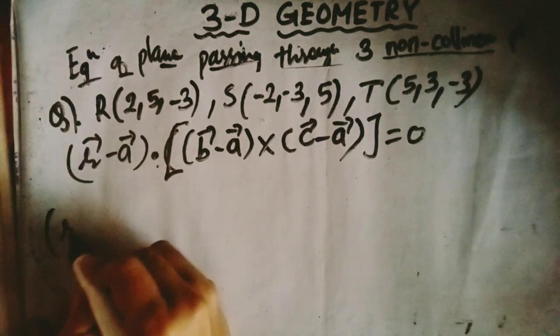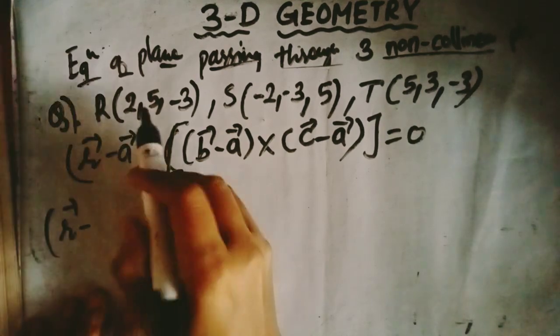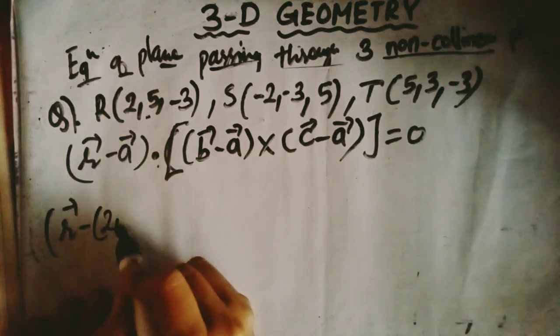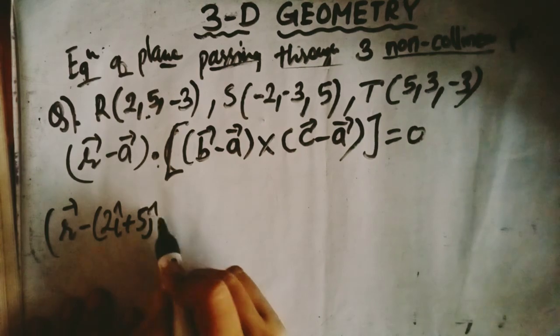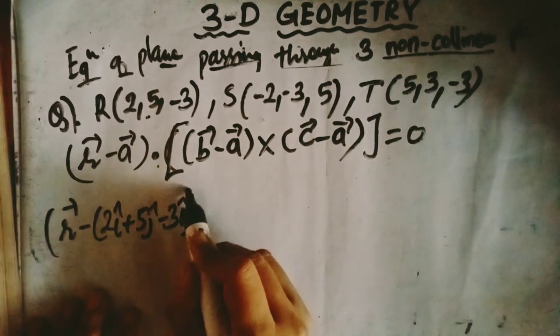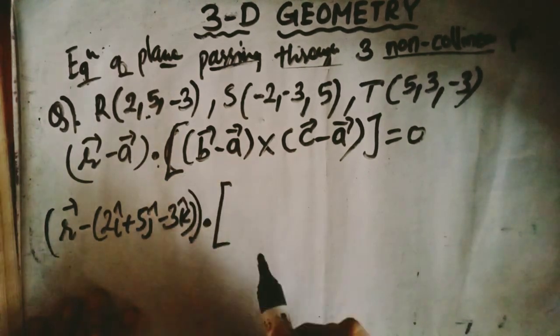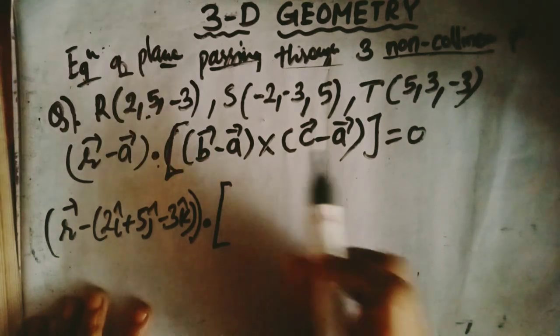So you have to just write the vectors. The r - a vector is this: 2i + 5j - 3k, dot (b - a).